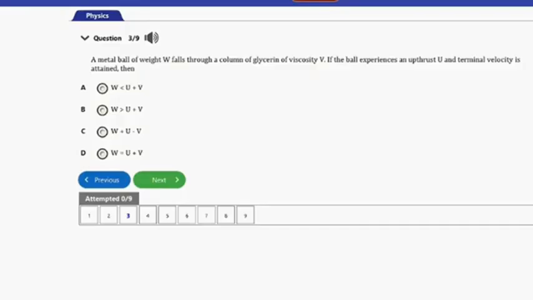B. W is greater than u plus v. C. W plus u minus v. D. W is equal to u plus v. So the answer to this question is option D, that's W is equal to u plus v. Let's consider the next question.